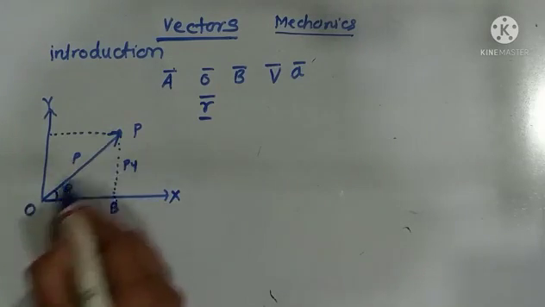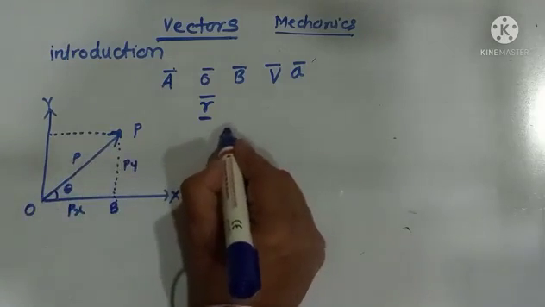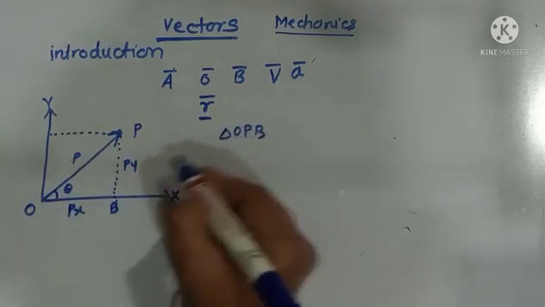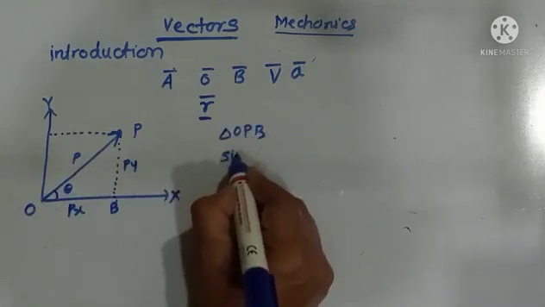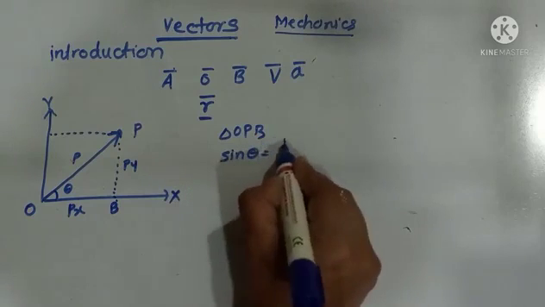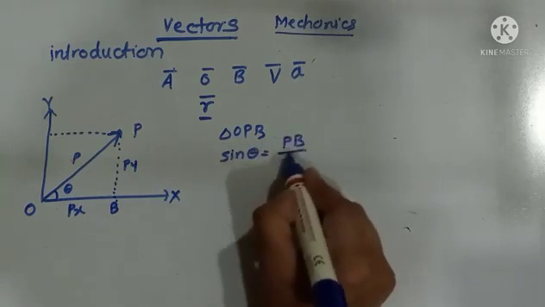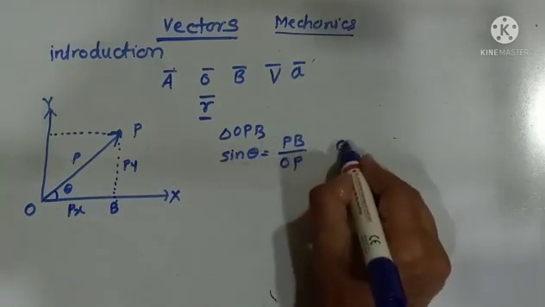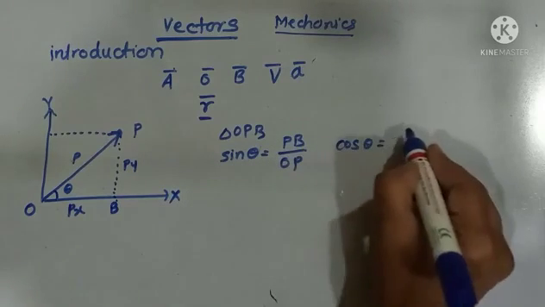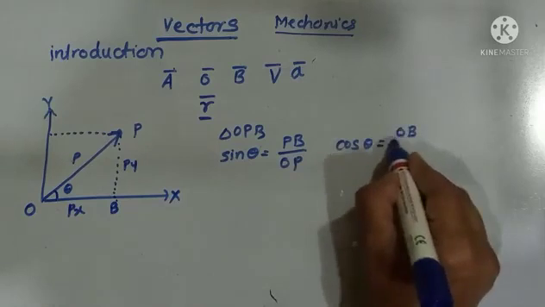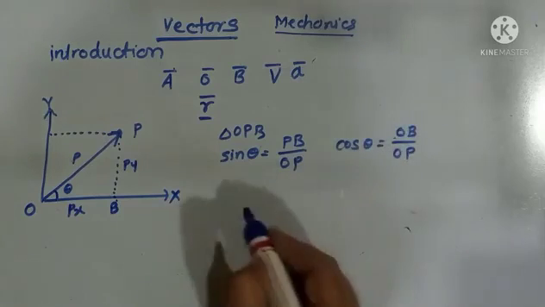From this triangle OPB, we can write that sin theta is equal to PB upon OP, and cos theta is equal to OB upon OP.